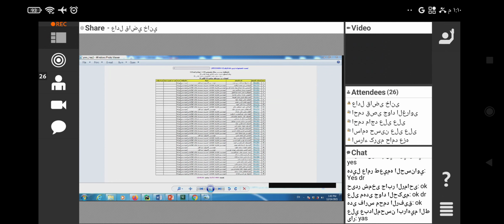You can prepare a PowerPoint, then convert it to PDF and use that PDF for your presentation. Each of you has 5 minutes, so you have to talk shortly about your article.